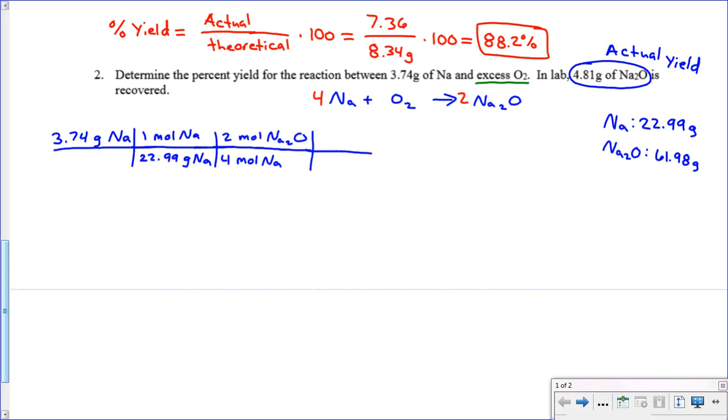And then we're going to go from moles of Na2O to grams of Na2O using the molar mass. So we know for every 1 mole of Na2O that we end up having 61.98 grams of Na2O. Go ahead and do that calculation, and you should hopefully get 5.04 grams of Na2O.